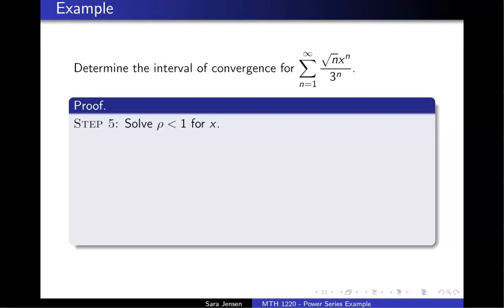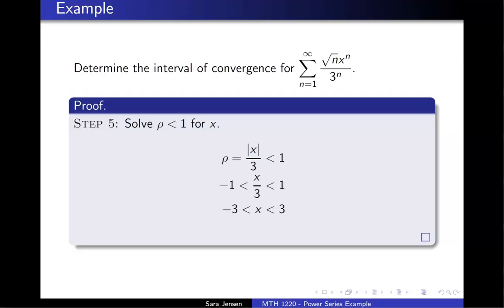As we've now gotten an expression for rho from the previous step, we would like to know when that rho value is less than 1 in order to determine the x values for which this series converges according to the ratio test.